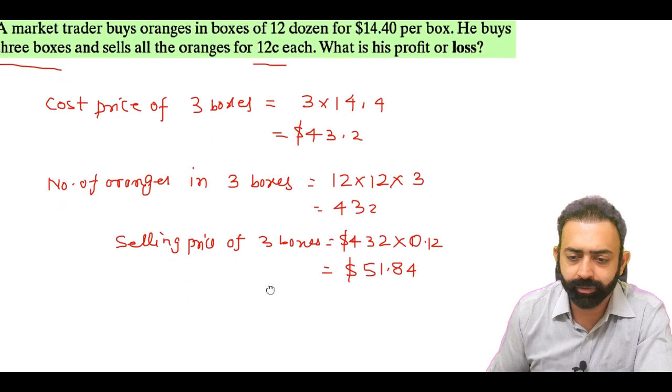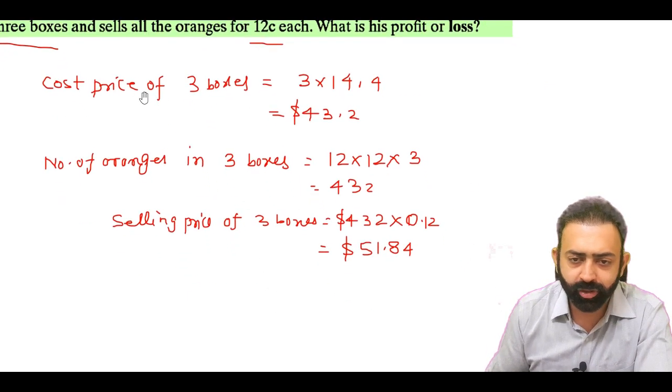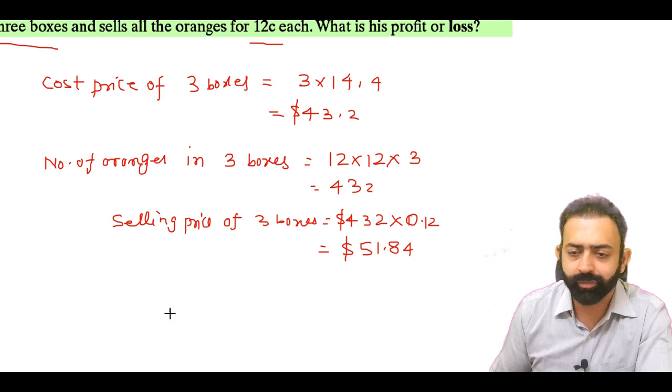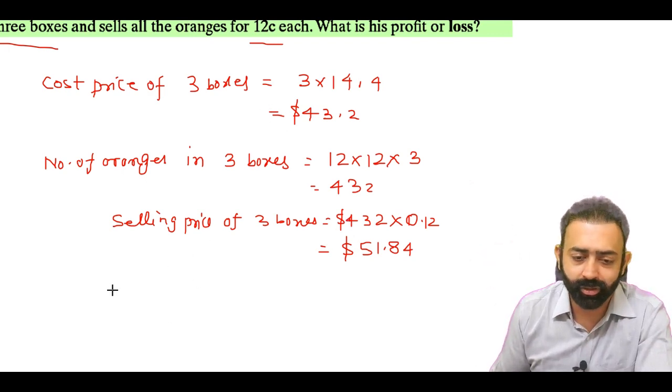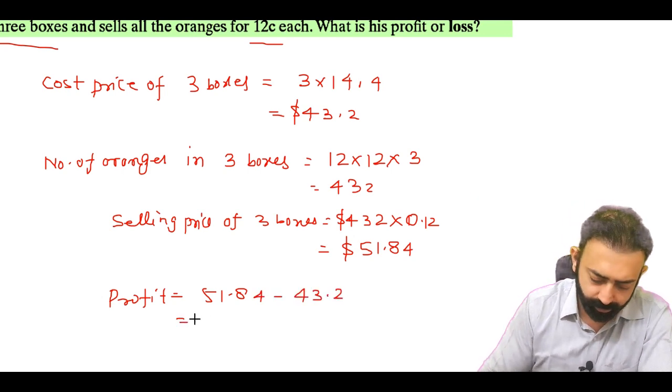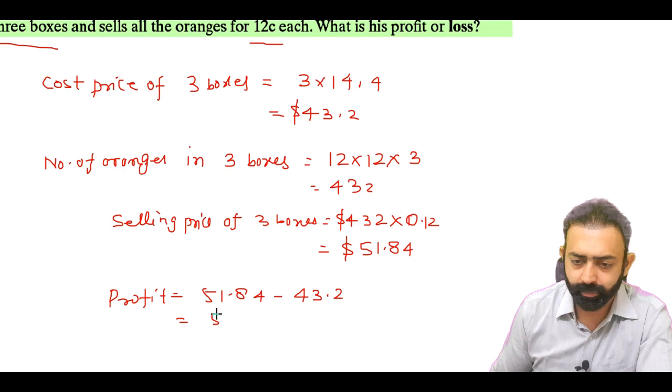Now we have the selling price of 3 boxes and the cost price of 3 boxes, so obviously the selling price is greater than the cost price. So what is our profit? This is 51.84 minus 43.2, which is 8.64.